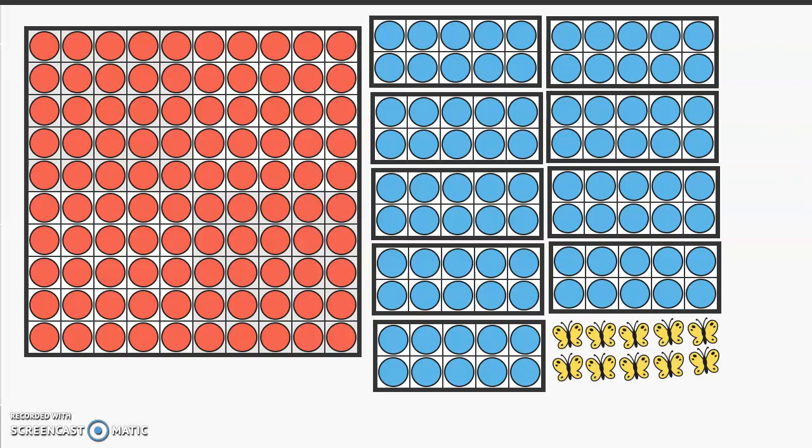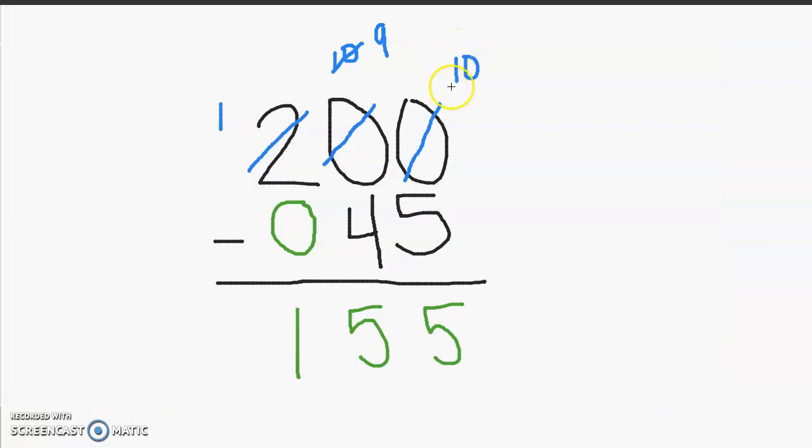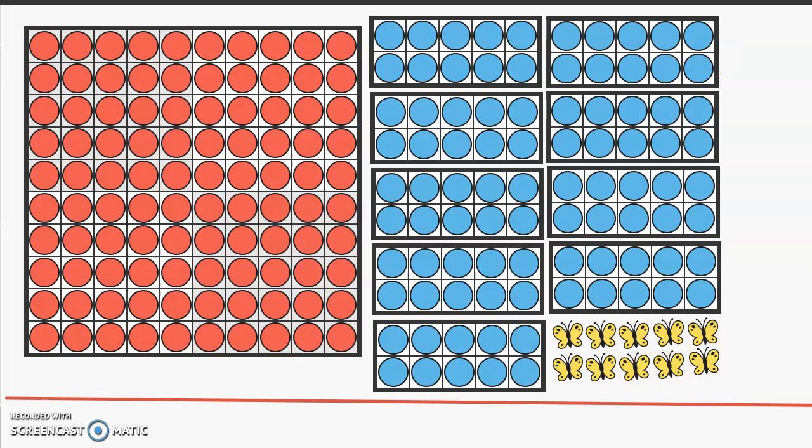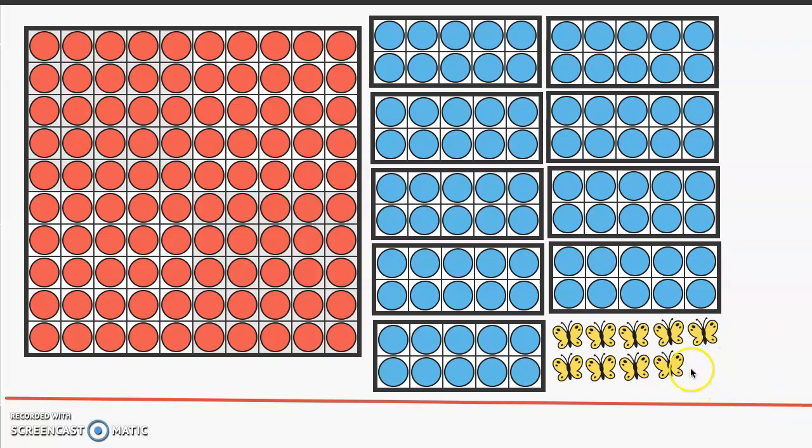And we can show that by being here, draw a line, and it says 10 minus 5, so we can take away that 5 here. 1, 2, 3, 4, 5.